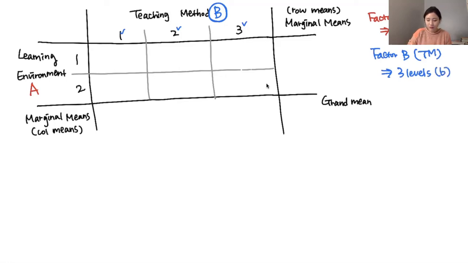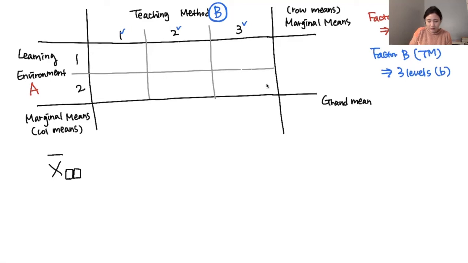And then we need to know the notation for the group means. We usually write x something something bar. This is my grand mean. The first number is the row number and the second number stands for the column number. This is the first row. This one is first row and first column.